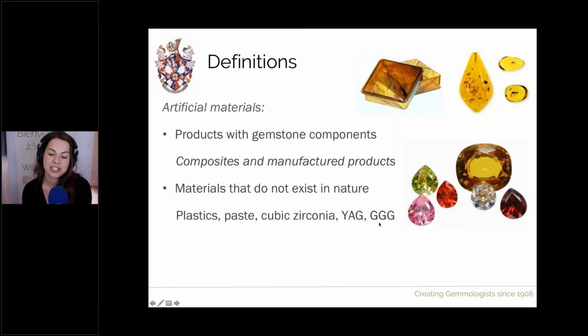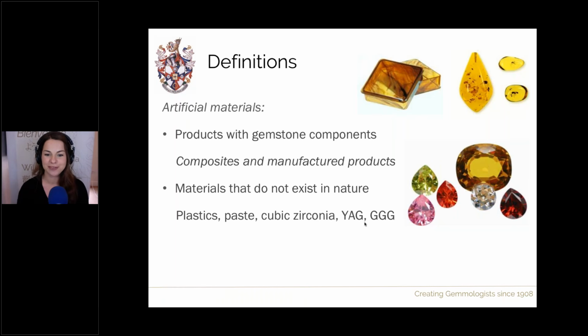And then YAGs and GGGs, even though these are technically garnets, these types of garnets do not occur in nature. And likewise, garnet itself that you find in nature can't be created in a laboratory. So you can't get synthetic almandine garnet or tsavorite garnet. It's not possible because garnet is very complex, as you'll know if you study gemology.